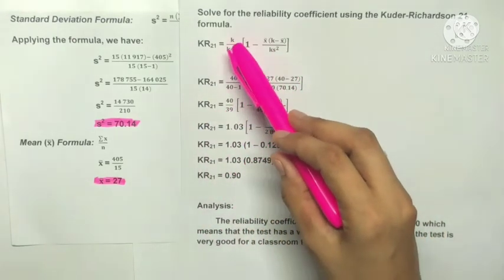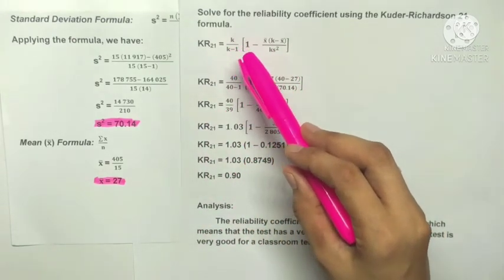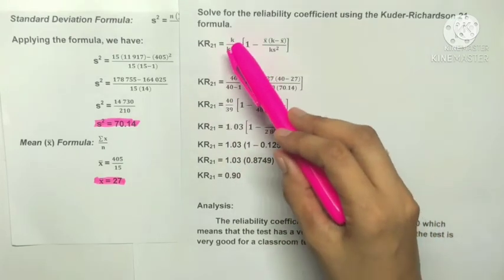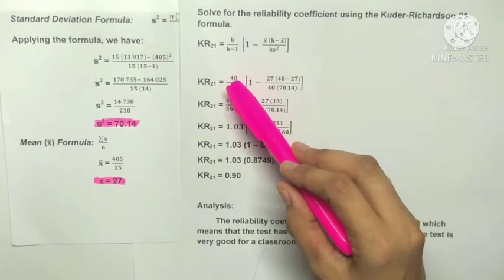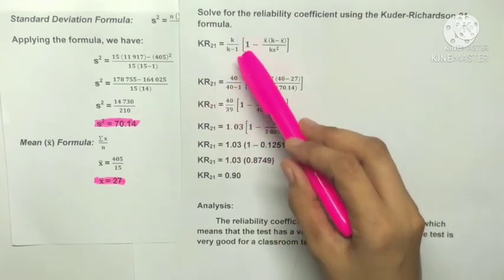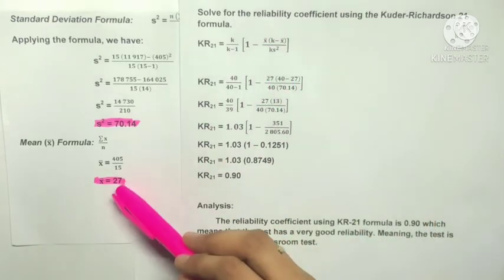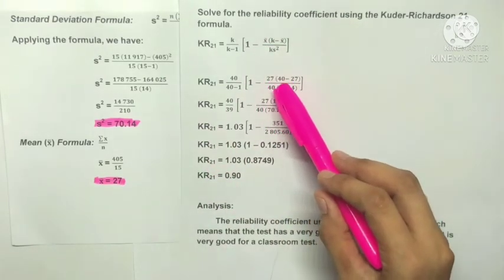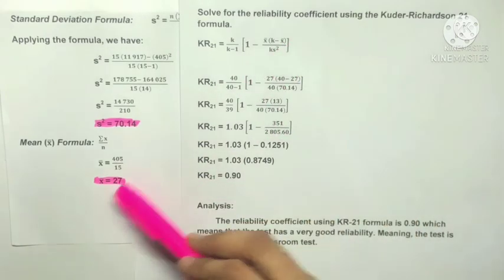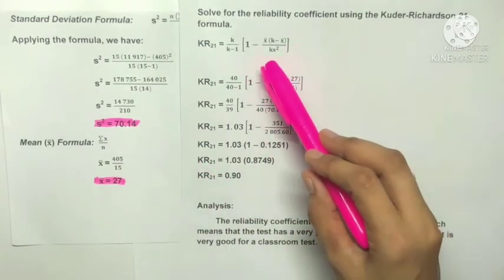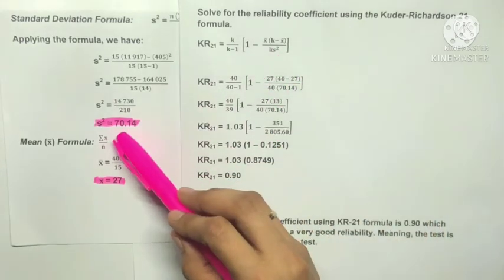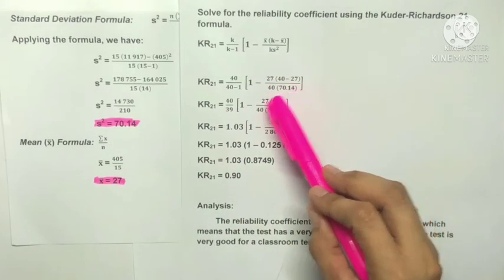Since Miss Caitlin administered a 40-item test in English class, k equals 40 over 40 minus 1, times 1 minus, our mean is 27, times 40, our k is 40, minus our mean, which is 27, over k, which is 40, and then s squared is 70.14.